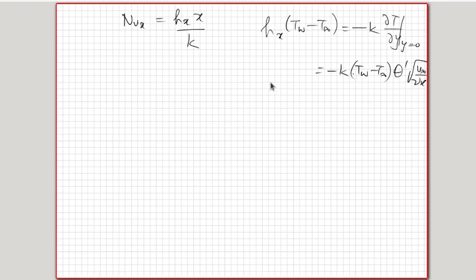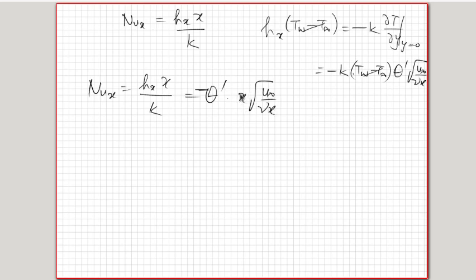If I simplify, Nu x, which is h x into x by k, would be equal to, if I cancel out the T wall minus T infinity between these two and bring the k here and multiply by x, a theta prime with a negative sign multiplied by x into square root of u infinity by nu x.